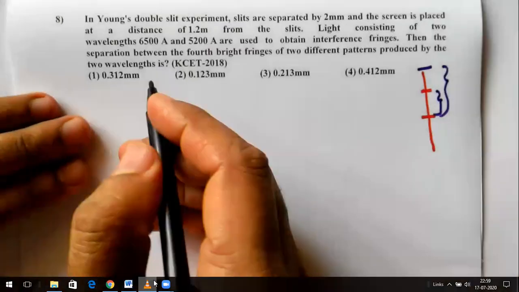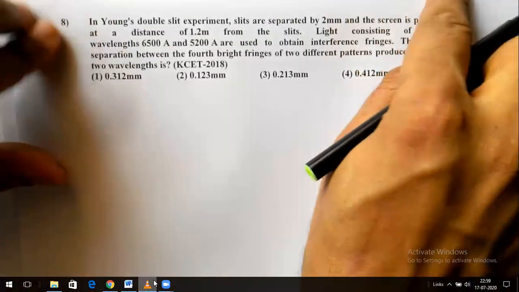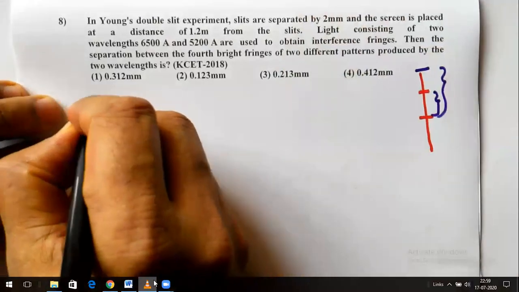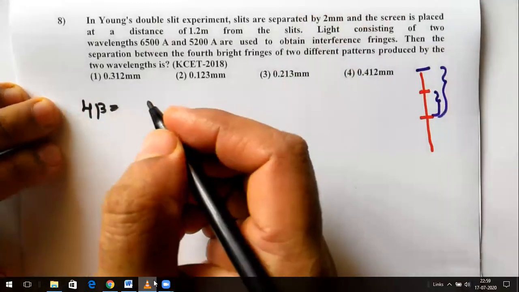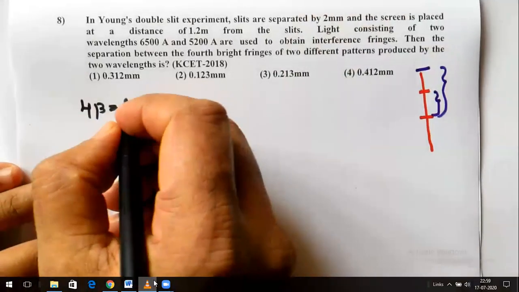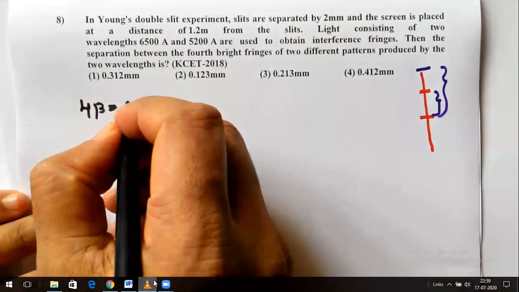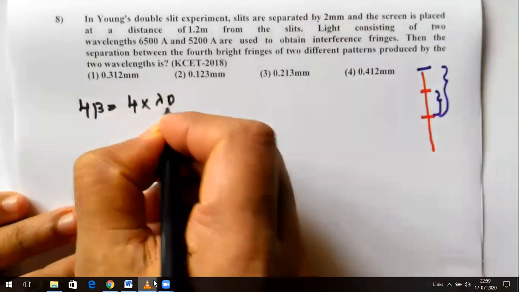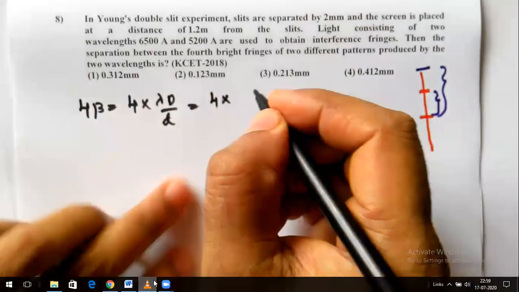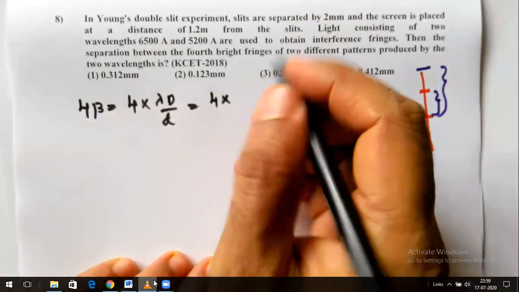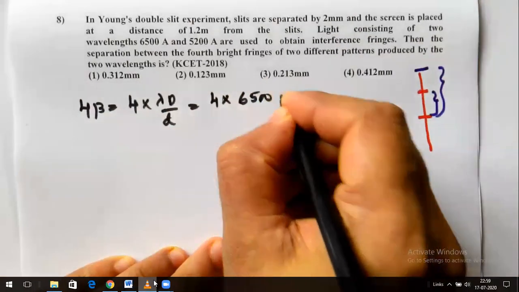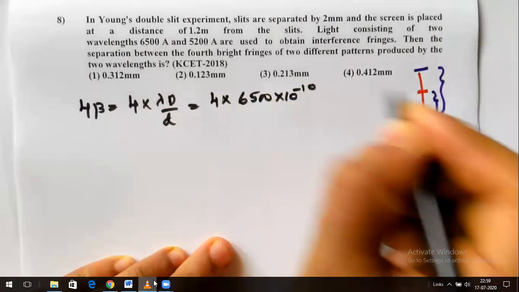Now 4 beta for the first wavelength, that is 6,500 angstrom. I can do it like this. So 4 beta, that is the distance of the fourth bright fringe from the central fringe. 4 beta is equal to 4 into lambda D by d. Lambda is 6,500 angstroms.